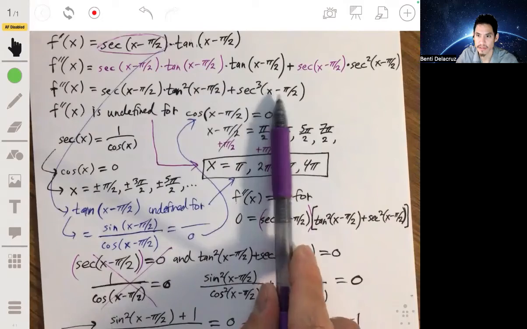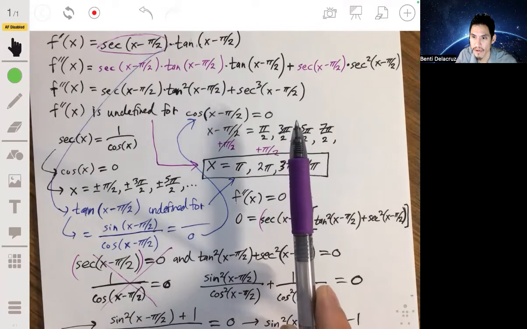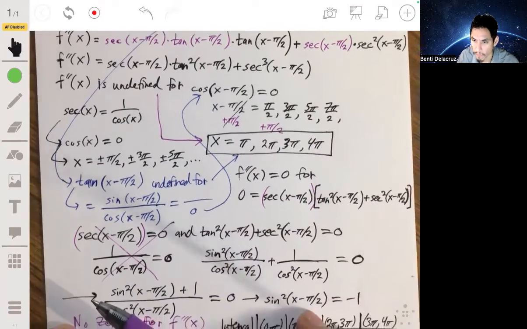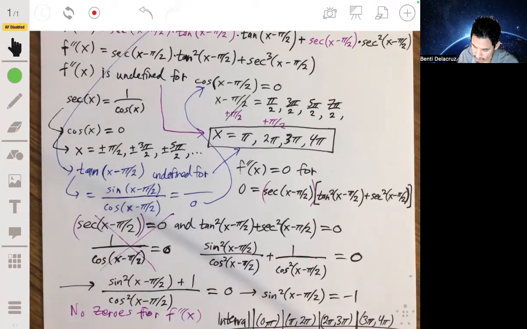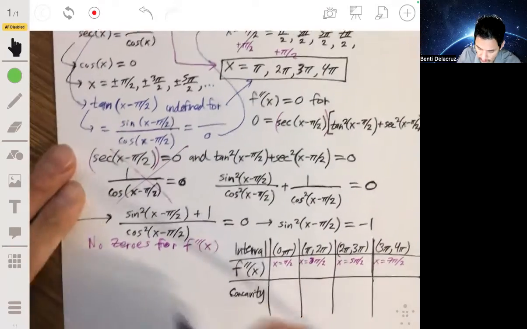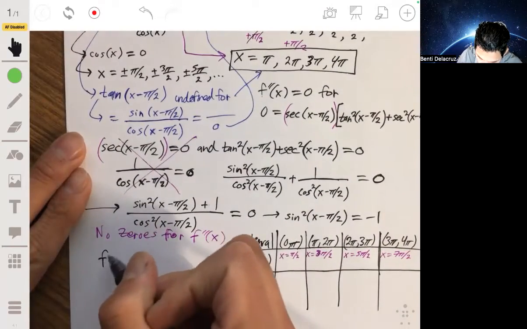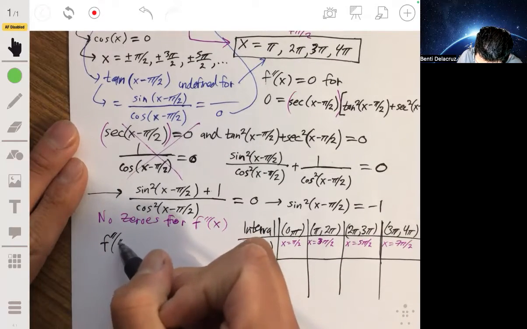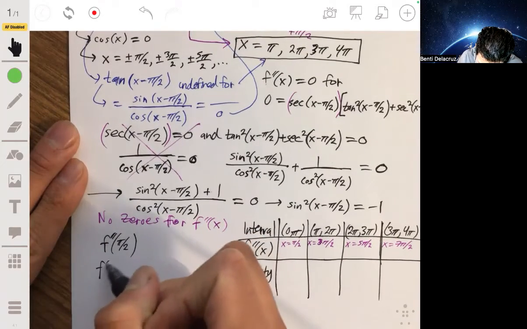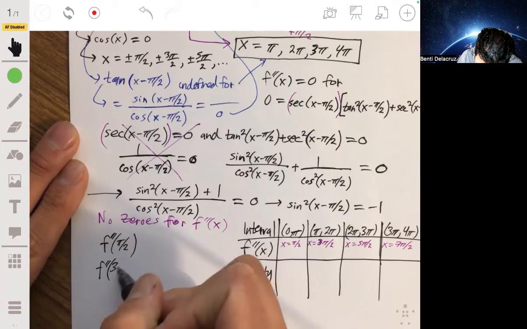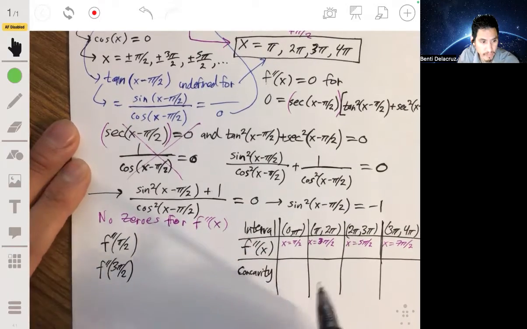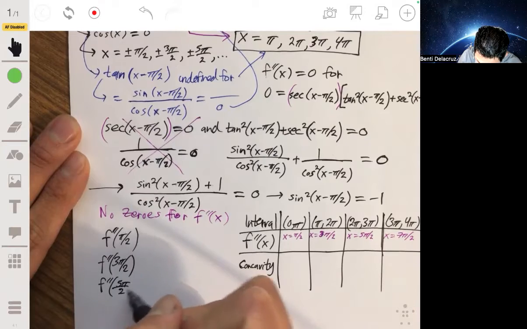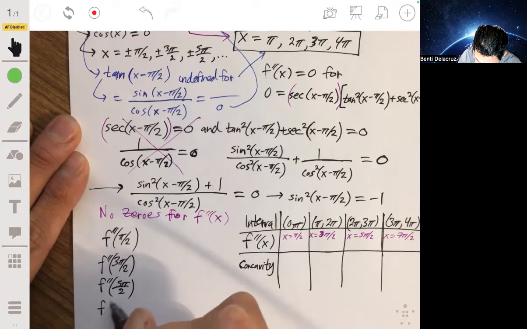I'll use the simplest one to work with. Let's evaluate that. f double prime of pi over 2, f double prime of 3 pi over 2, f double prime of 5 pi over 2, and f double prime of 7 pi over 2.